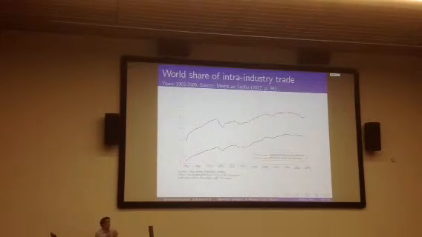Yeah? So this is inevitable. The greater the detail of the industry classification, the smaller the fraction of trade that is going to be classified as intra-industry. But irrespective of that, you can still see, even with those 1,161 separate industries, there's still a huge proportion of trade, something like 30%, that is intra-industry.